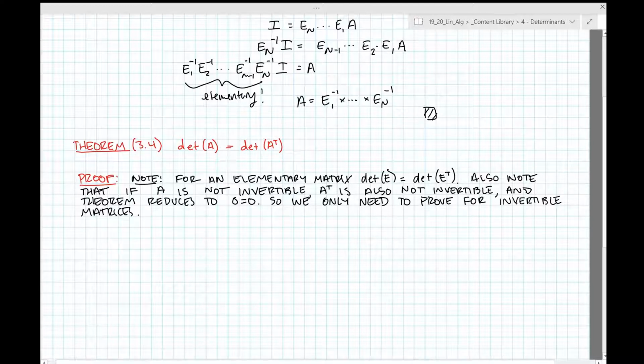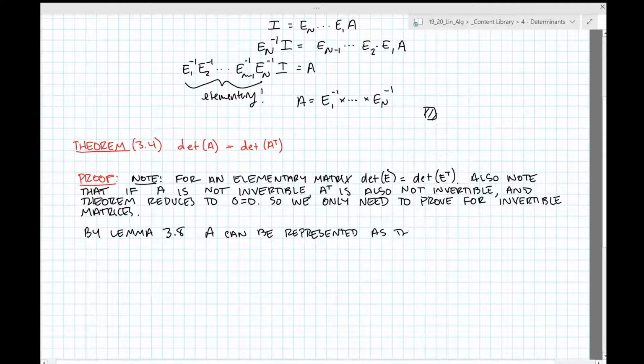Okay, well, then let's do it. So by lemma 3.8, A, the matrix that we're trying to show has the same determinant as its transpose, can be represented as the product of elementary matrices.